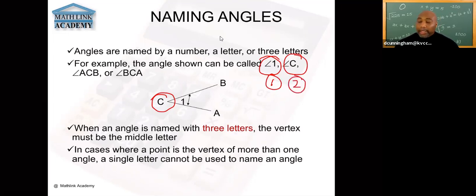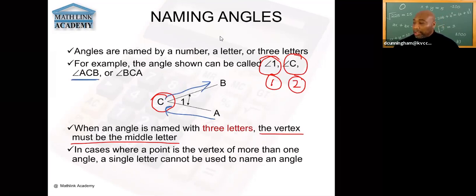The third way is to name it with three letters. When you name it with three letters, the vertex must be in the middle. Again, the vertex is C. So one way to name this in three letters is ACB.